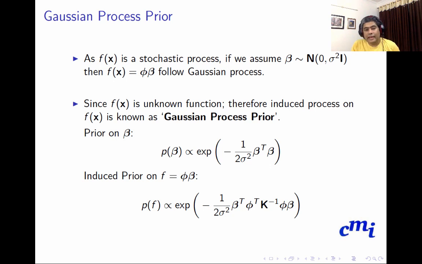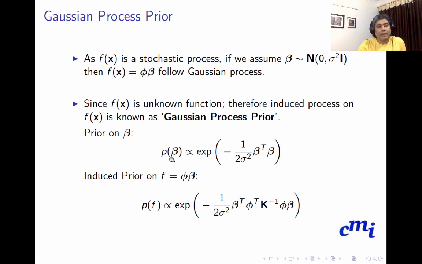Now we are saying that if f of x is a random realization from a stochastic process, and if we assume beta follows normal 0, sigma square I, then we can say f of x, phi of beta, follows a Gaussian process, and since we are studying it under the Bayesian structure, f of x is known as a Gaussian process prior.